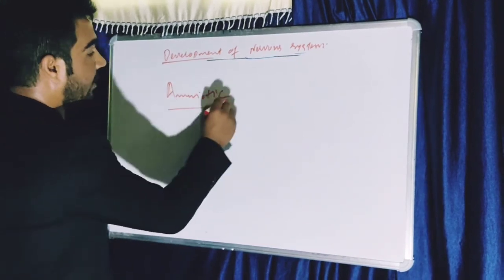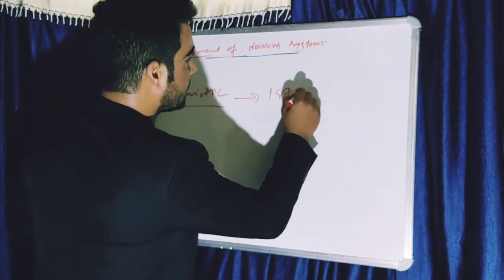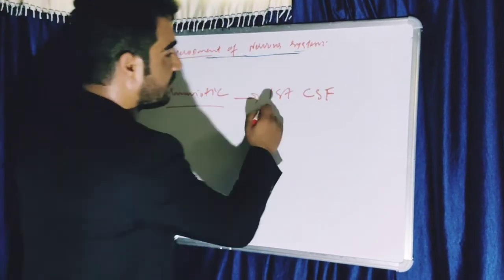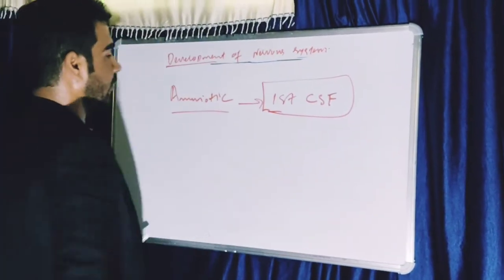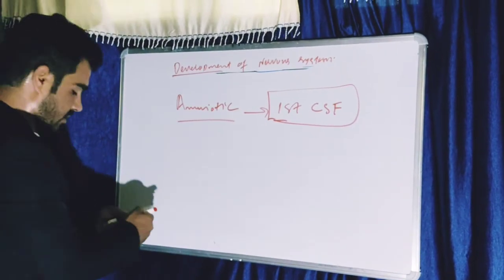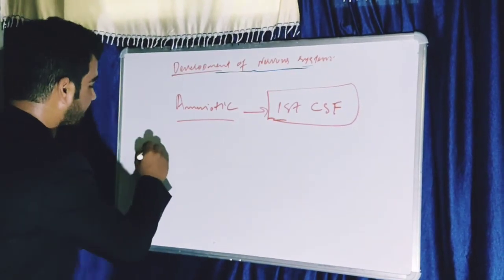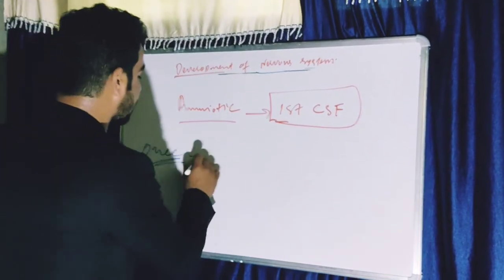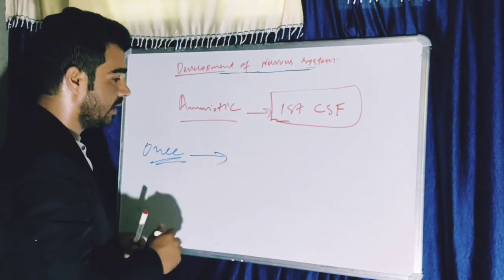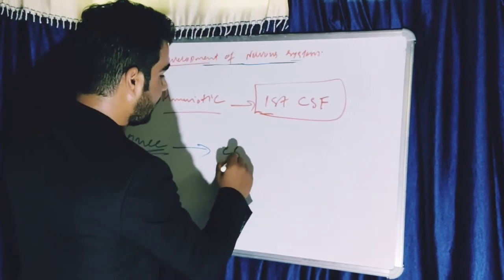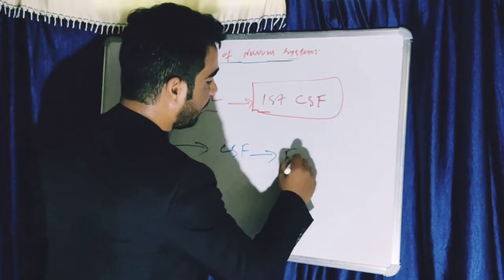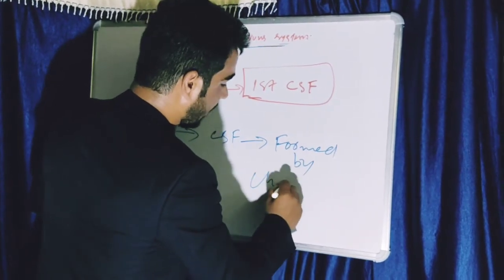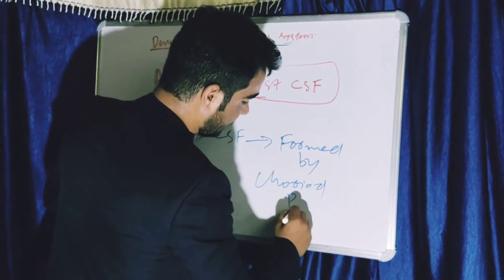Amniotic fluid. It was the first CSF. CSF means cerebrospinal fluid. Second, जब ventricle बन जाते हैं, once the ventricles of brain are formed, that time the CSF is formed by choroid plexus.